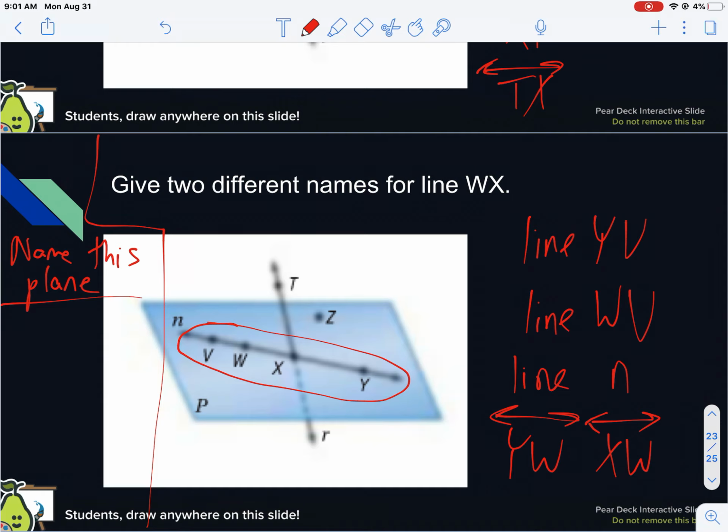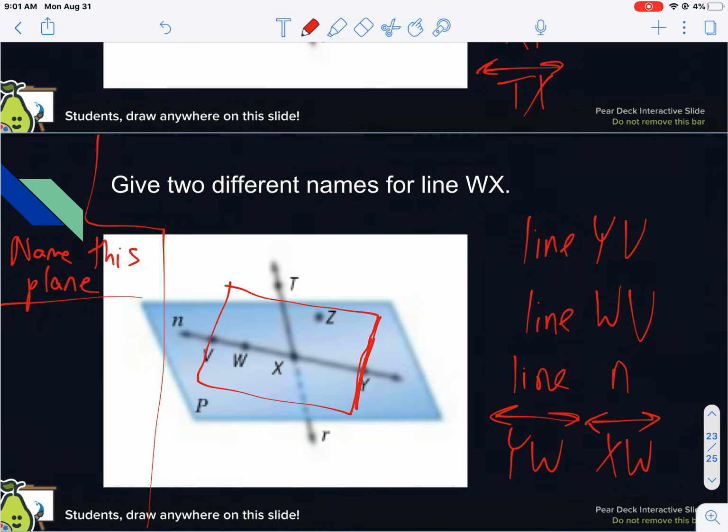Well, imagine if I drew a plane like this, right? Now that red box, or that red plane there, you would say, well, V, W, X, and Y are in the plane, right? You would say, yeah, Mr. Enzi, that's cool. But notice, this blue plane also has V, W, X, and Y in there, right?